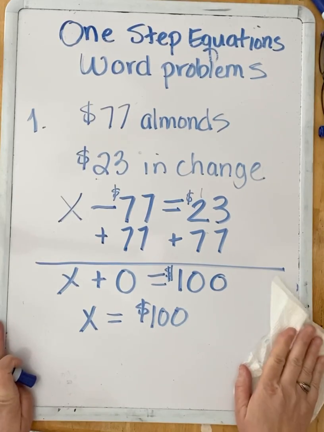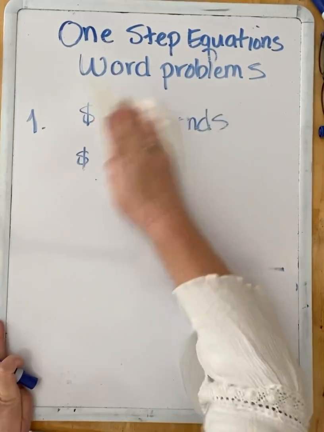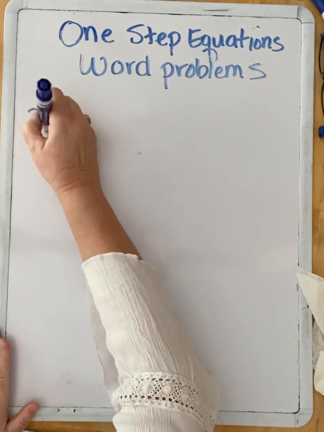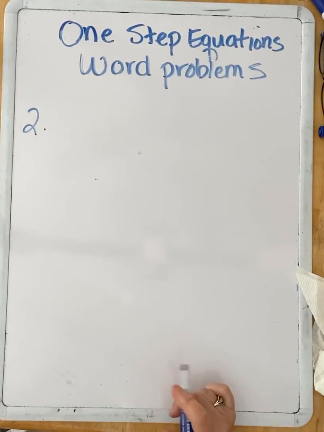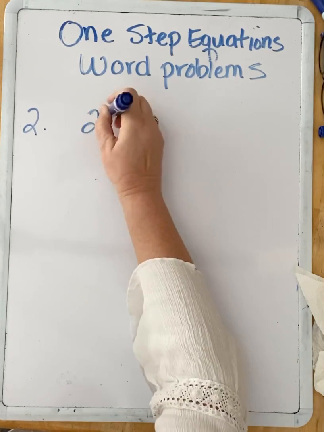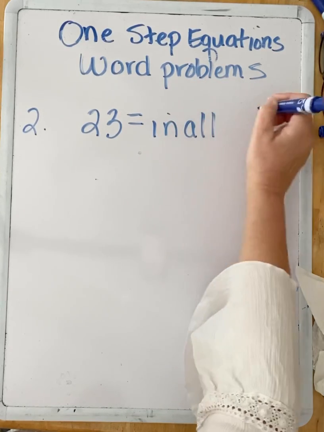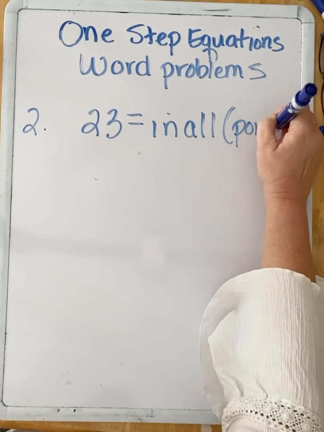All right, let's take a look at number 2. Okay, Laura and May participated in a quiz contest. Okay, good for them. They scored 23 points in all. Okay, and in this case, this is points we're talking about.